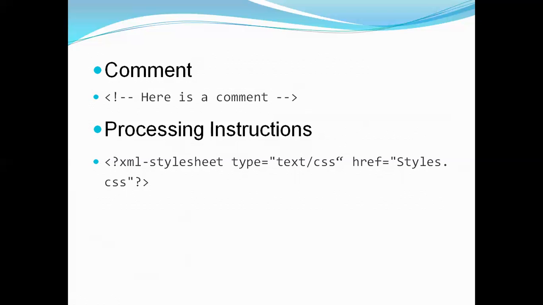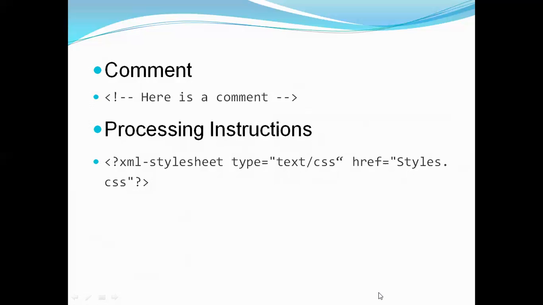Just look at that. Here we are writing the less than question mark symbol followed by xml-stylesheet. Here I'm writing the style sheet from which we are fetching the style: type is equal to text slash CSS, that is a MIME specification. The content type is text, the subtype is CSS, and href is equal to styles.css.